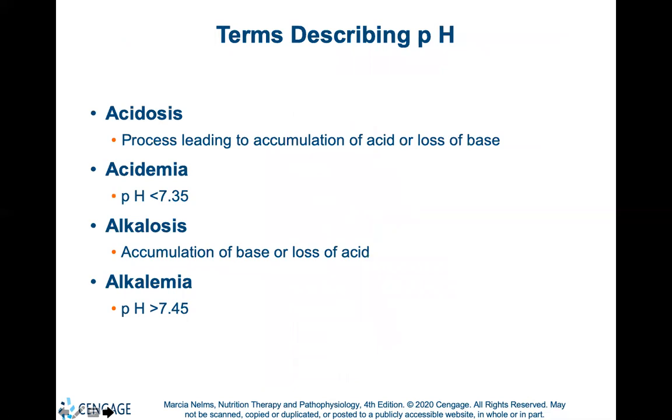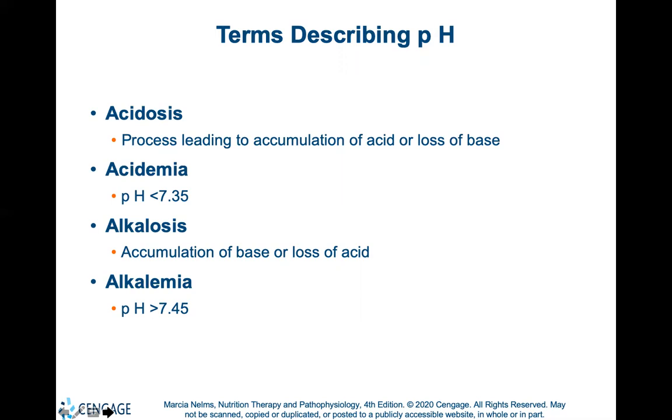Acidosis is the process or processes that lead to accumulation of acid or loss of base. Acidemia is the actual decrease in pH within the body to less than 7.35. Alkalosis is the process or processes that lead to accumulation of base or loss of acid.